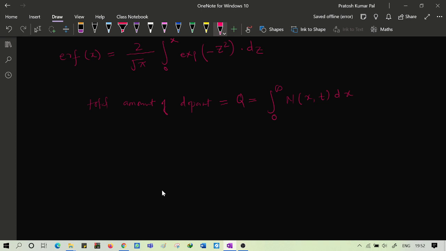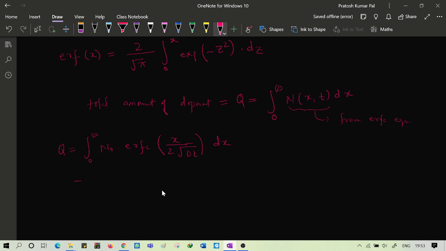So this total amount of dopant, by putting in the error function equation, we get the integral from 0 to infinity of N naught into the complementary error function of x divided by 2 under root Dt, into dx.